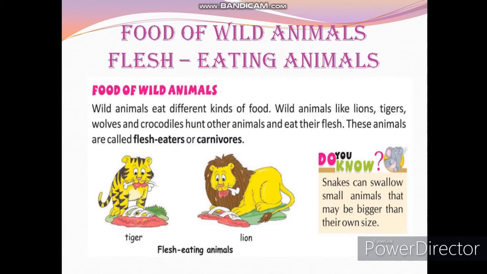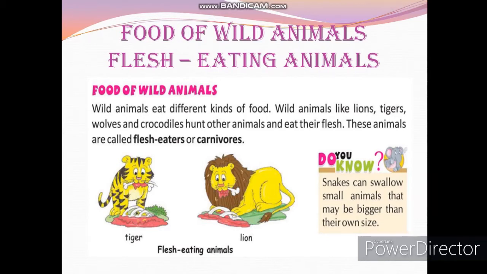Now we are going to learn the food of wild animals. What do wild animals eat? Wild animals eat different kinds of food.